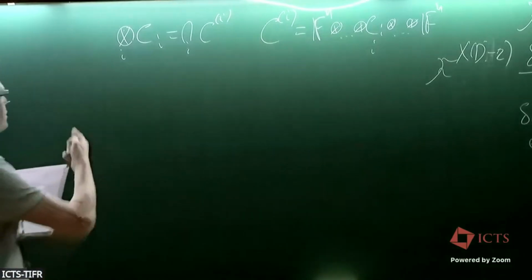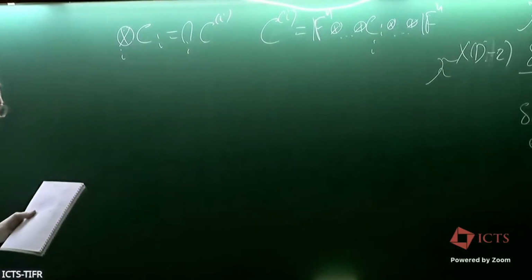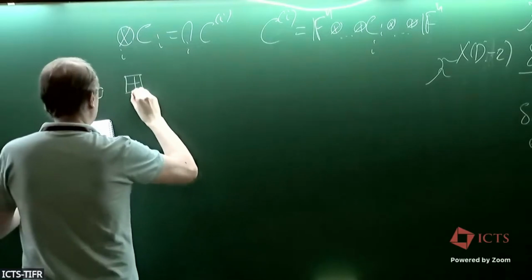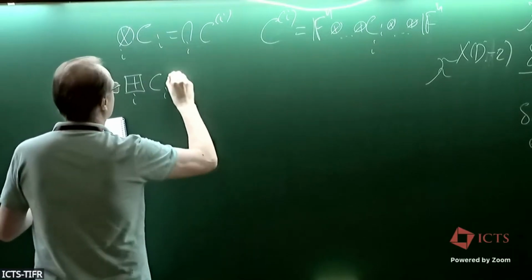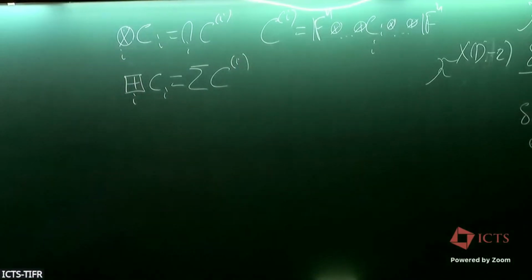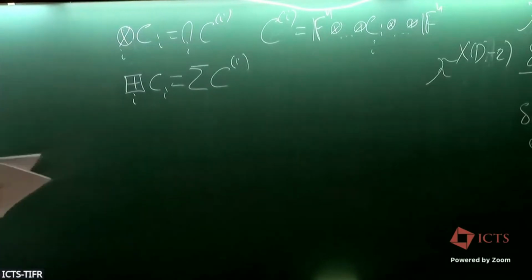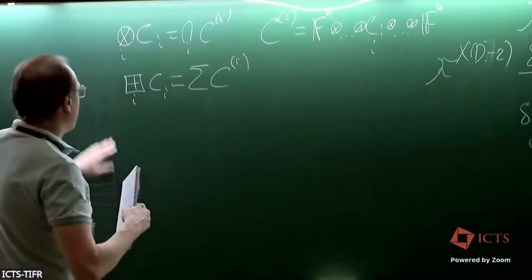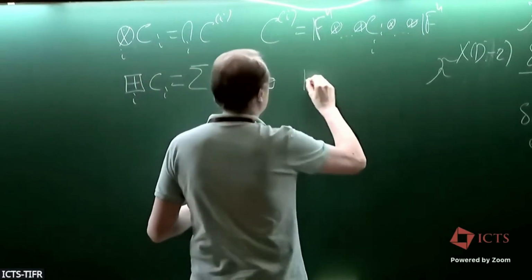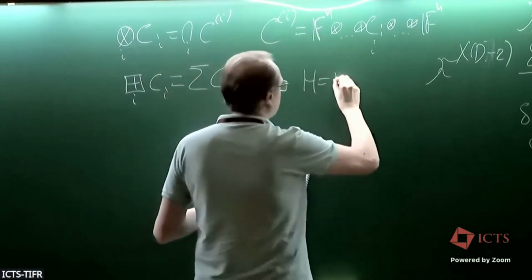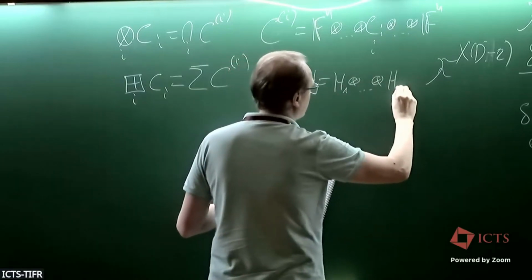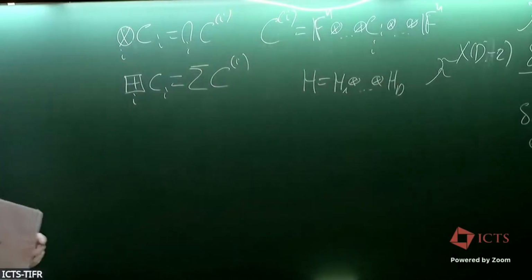But you can also consider not the intersection of these codes, but the sum of these codes. We introduce a slightly silly notation that we often use, and this is what we call the dual product code or check product code. The reason it is called a check product code is that the parity check matrix for this code is the tensor product of the check matrices of the component codes.